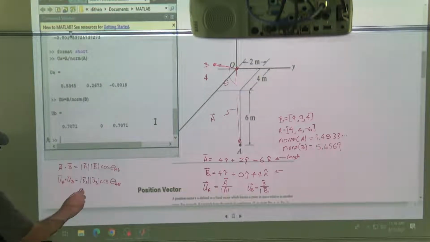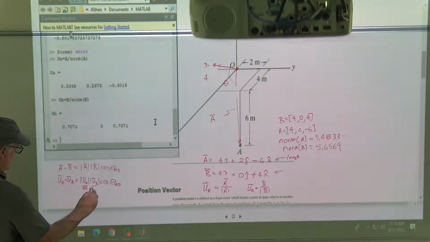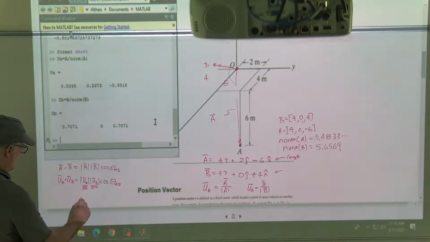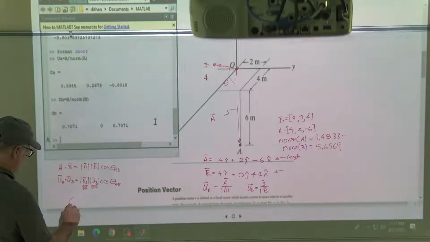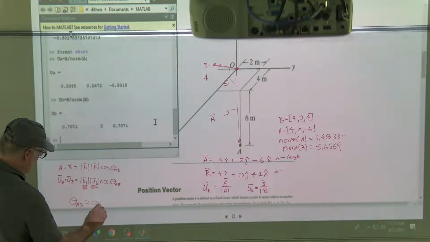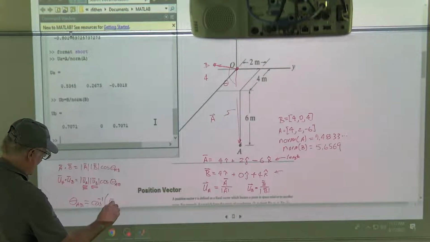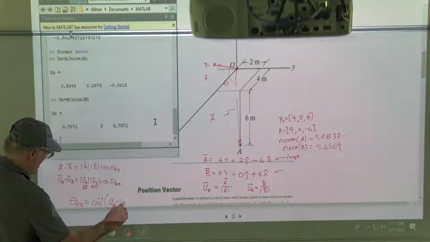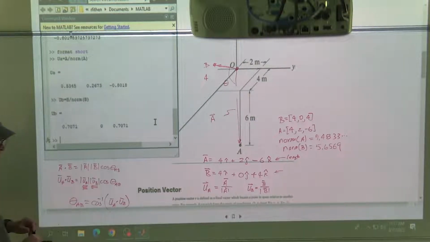Tell me, what is this and that? They're both 1. So believe it or not, the angle AB is cosine inverse of UA dotted with UB. And that's all there is to it.